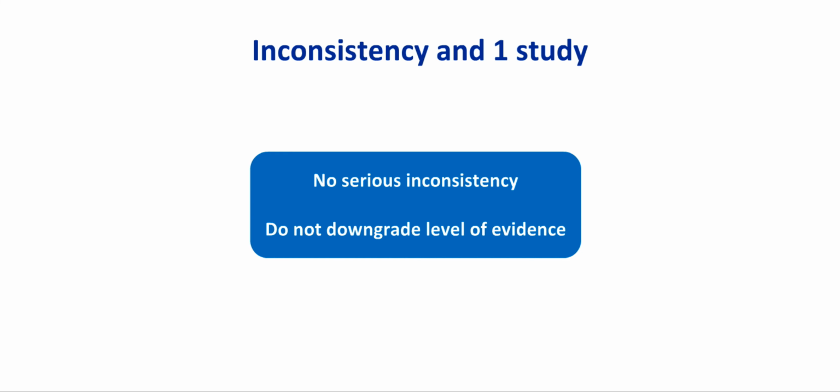Some of the reasons for this are that the one study can be a very large study that evaluated all sorts of different populations and provides information and estimates of effect that we can be very confident in. Another reason is to ask where there would be a threshold level for judging inconsistency. Would it be the availability of 2 studies or 3 studies? Once again, the bottom line is there is no downgrading for inconsistency when there's only one study.